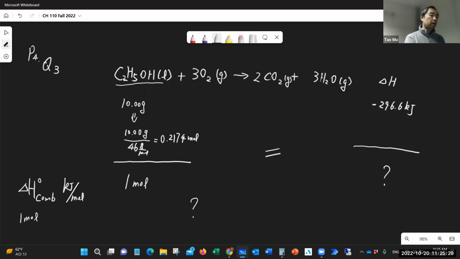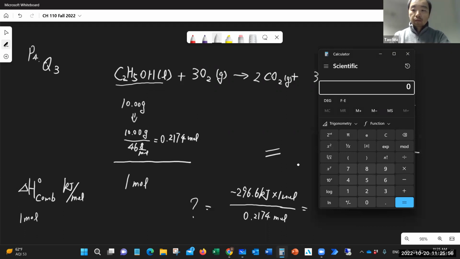So the question mark will be equal to negative 296.6 kilojoules times 1 mole of the ethanol, divided by 0.2174 mole. That's it. Now you will see negative 296.6 times 1 divided by 0.2174.